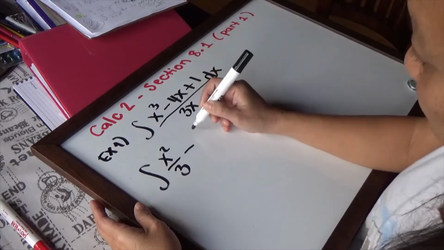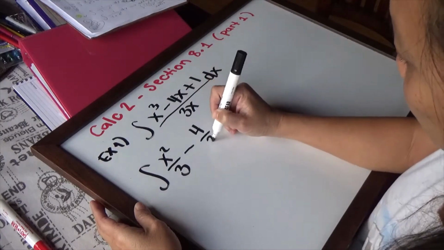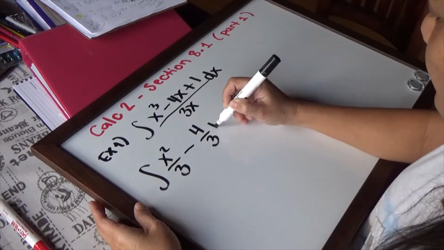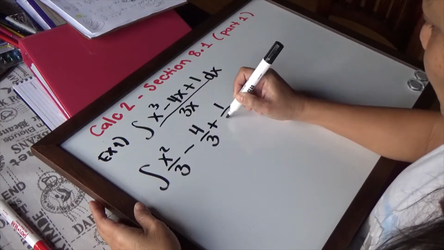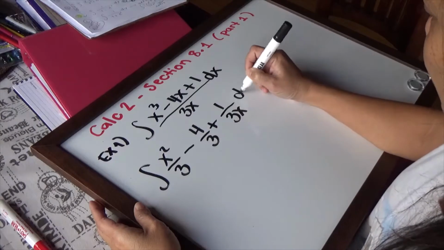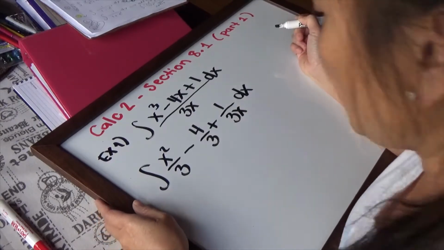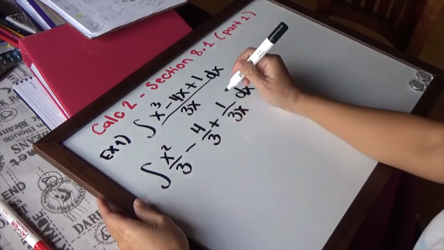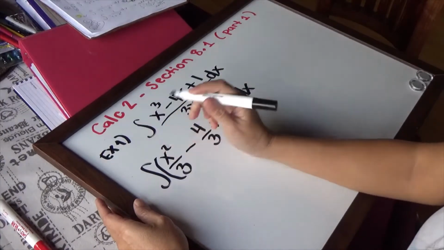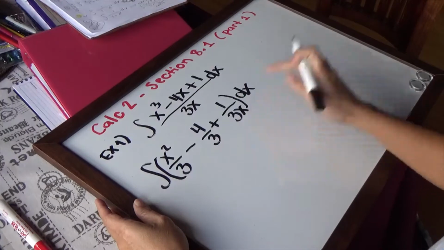The x will cancel, so you'll just have 4/3 plus 1 divided by 3x is 1 over 3x dx. And as you notice, you can take the integral of each one of these terms.